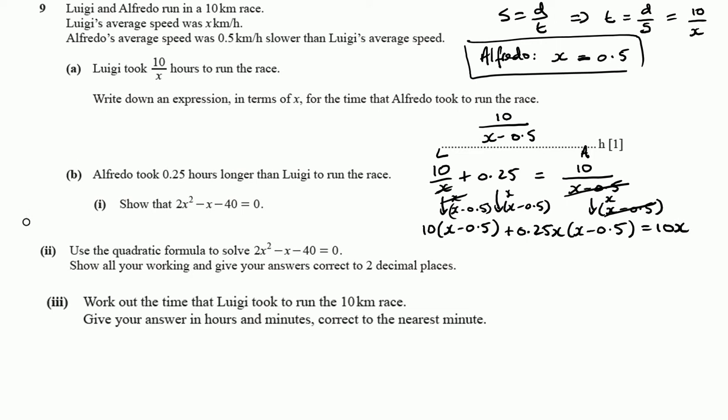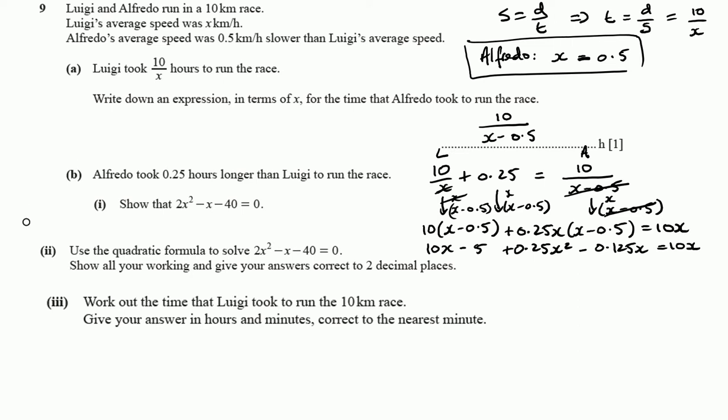By this stage, we're ready to multiply out brackets. 10x minus 5 plus 0.25x squared minus 0.25 times 0.5 is 0.125x equals 10x.